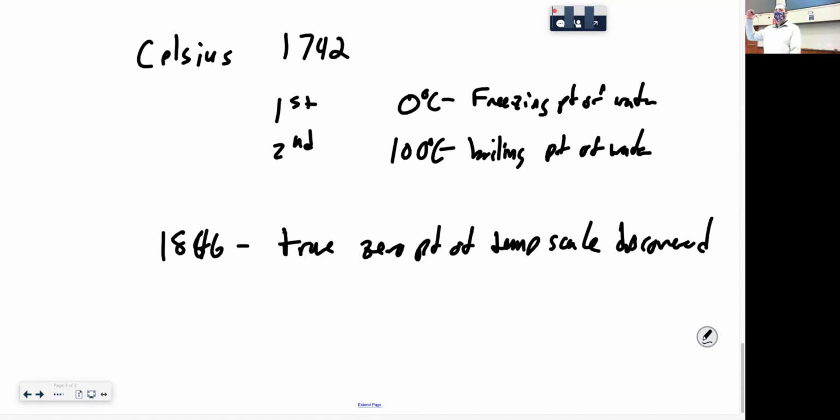There is a temperature below which you cannot cool anything else beyond. And we call this thing absolute zero. You cannot go colder. T cannot go below absolute zero.